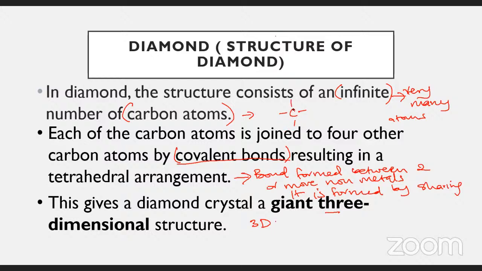So here this is our main carbon. Maybe I can change the color here. You can make it maybe blue. Then it is surrounded by 4 other carbon atoms like this.